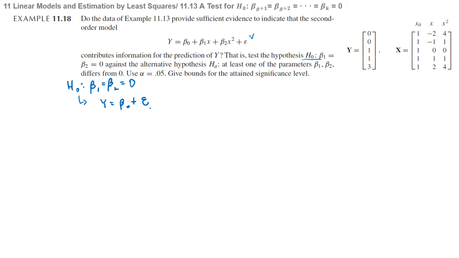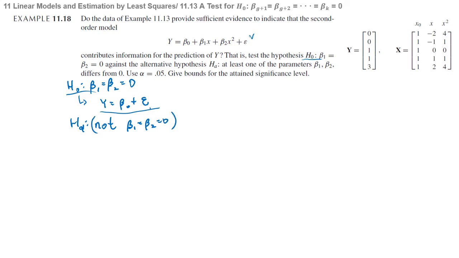In the null hypothesis, our model is this, and in the alternative hypothesis, at least one of beta 1 and beta 2 is not zero, so the alternative is not beta 1 equal to beta 2 equal to 0.